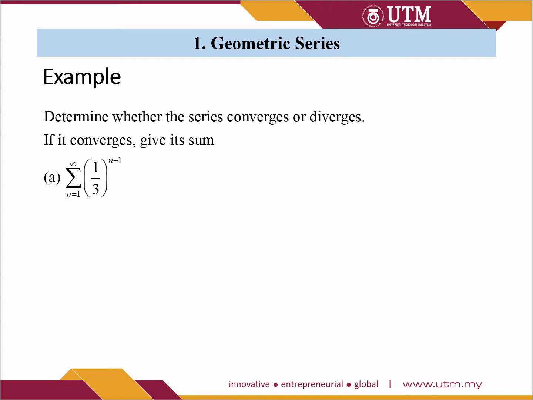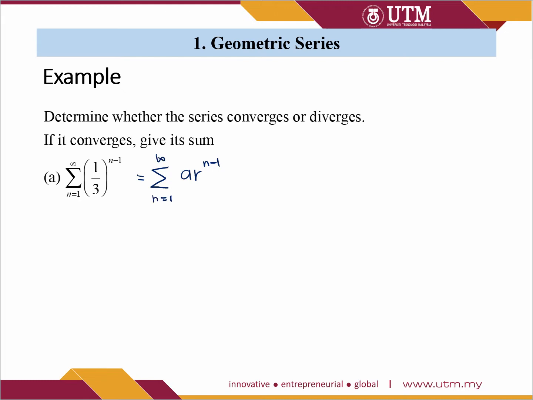So let's try this example. Determine whether the series converge or diverge, and if it converges, give its sum. Here you can see the question, where this series is the same form as the geometric series, where the form of geometric series is a times r to the power of n minus 1, where n starts with 1 up to infinity.